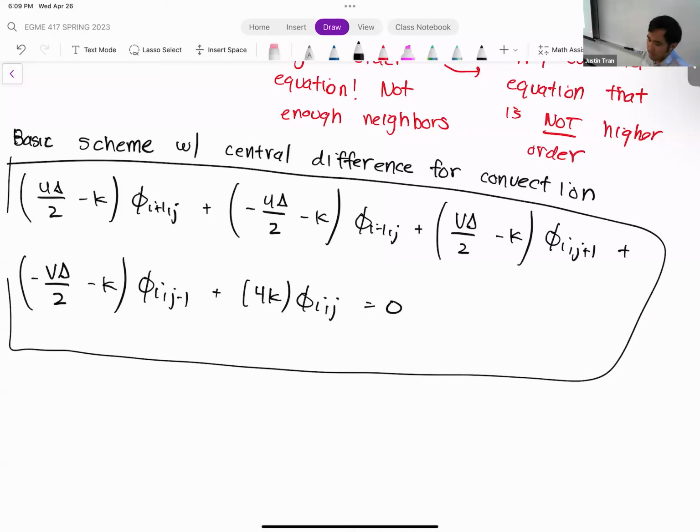That's our old scheme. Maybe placed in a different way. I think a few weeks ago we phrased it differently, but to keep things consistent with our higher order scheme, I displayed it in this way. Okay.